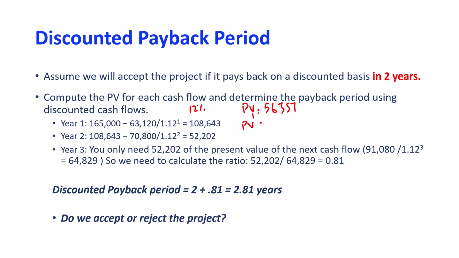Present value of cash flow 2 would be this one, 70,800 over 1 plus the rate raised to the power of 2. That's 56,441. And the cash flow 3 PV is going to be 64,829.